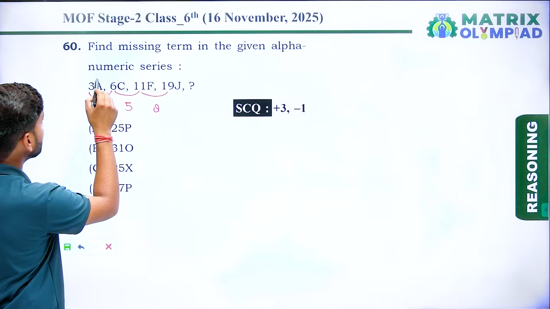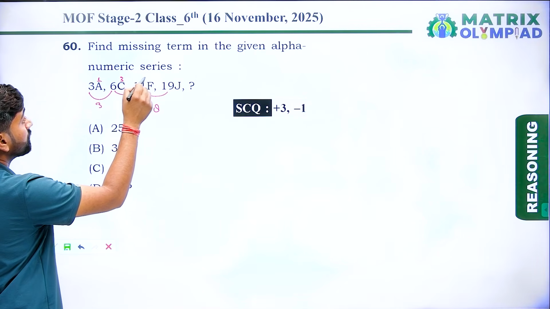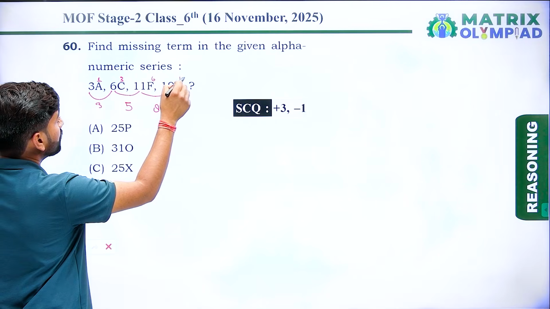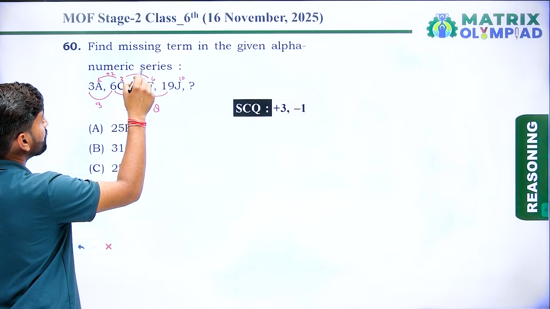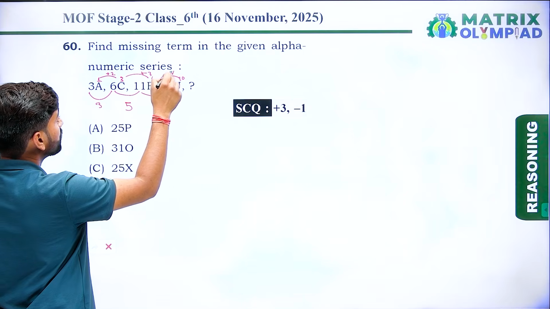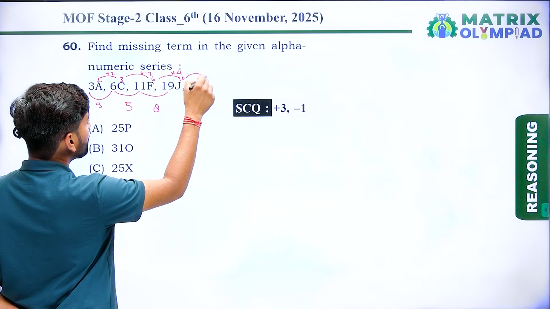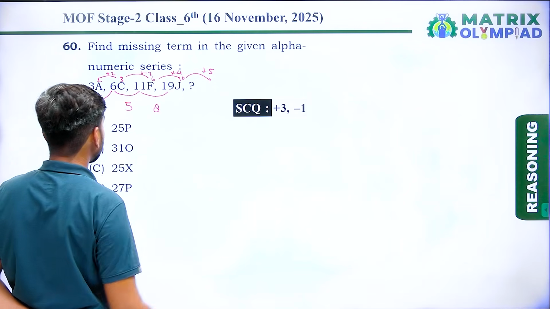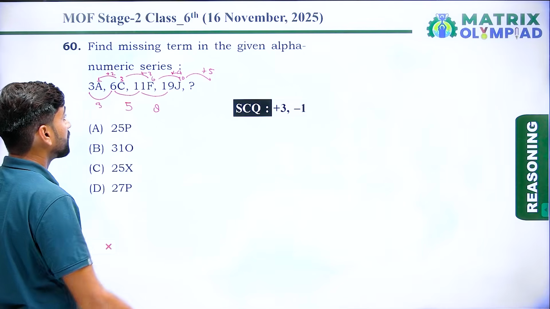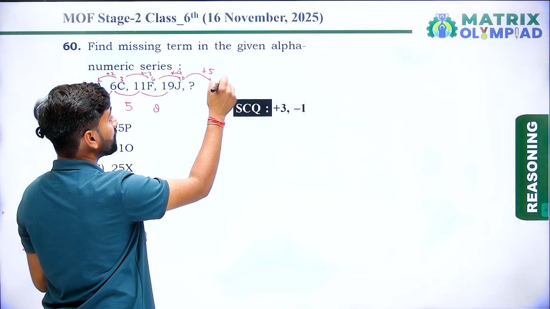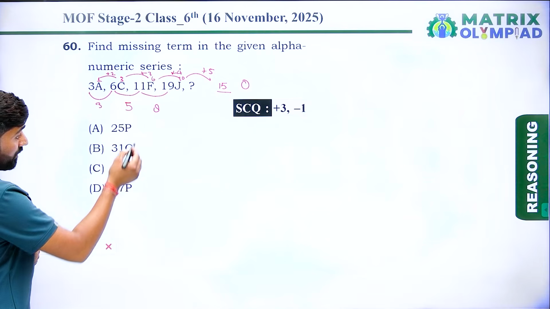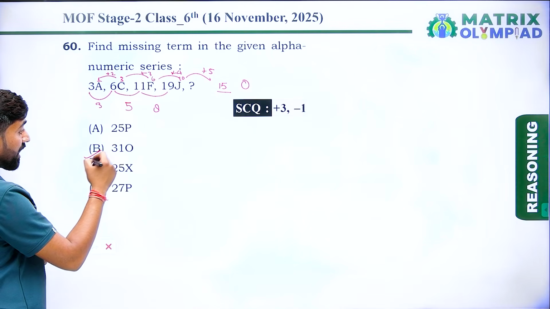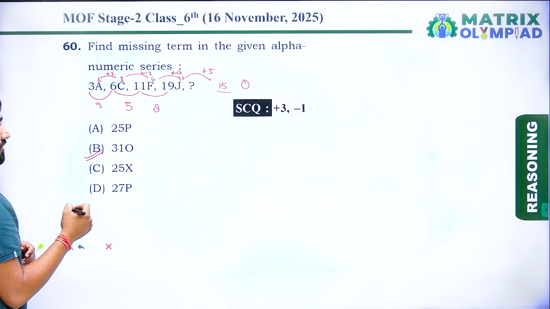And from A to C, we have a pattern of plus 2, then plus 3, then plus 4. Next we have plus 5, and in G we get plus 5. We have 5 in 10, we get 15, and on 15 we have O. So only in option B, we have O in the last, which is the right answer of this question.